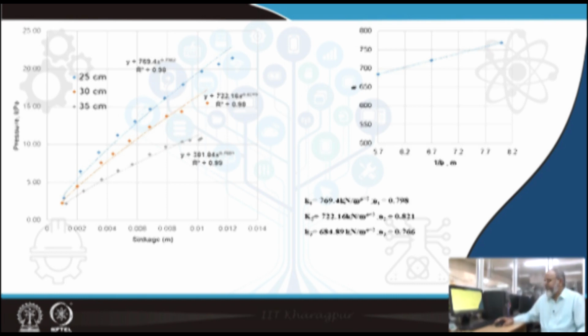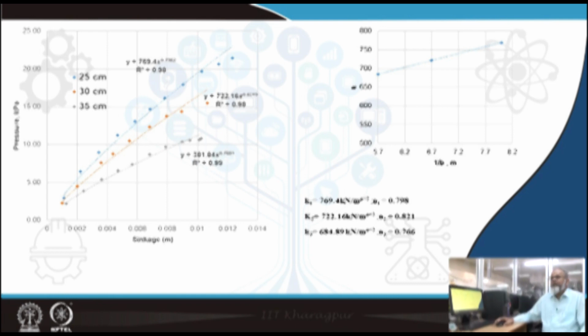Each slope is different. Now the question arises: for the same soil condition, we have utilized three different plates and we are getting three different slopes. This is possible because we are doing experimental measurements, so the soil condition may not be that uniform, which is why we are getting three different slopes.